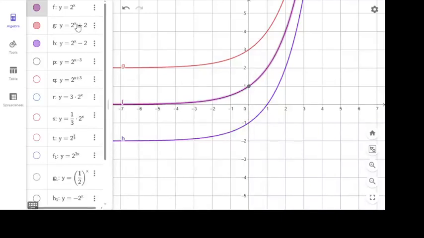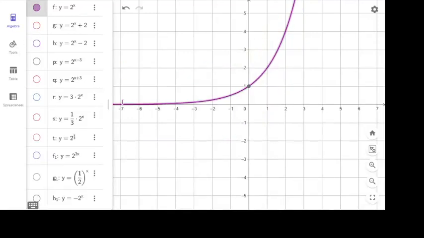So if I add or subtract a positive number, we will see my initial function go up or down. Now let me make them invisible.